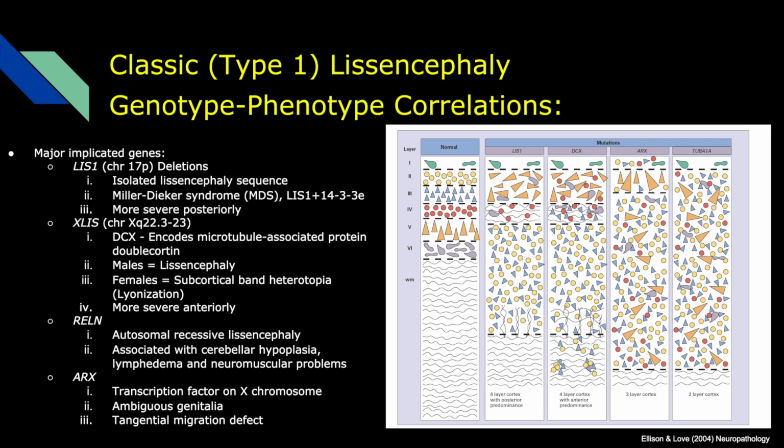You can also have Miller-Dieker syndrome, which is basically a deletion of LIS1, but the deletion is actually much larger and encompasses genes telomeric, so closer to the end of chromosome 17, and includes a number of genes, including 14-3-3 epsilon, which is part of that migratory machinery that we saw, but seems to create a syndrome where multiple organs and structures are affected.